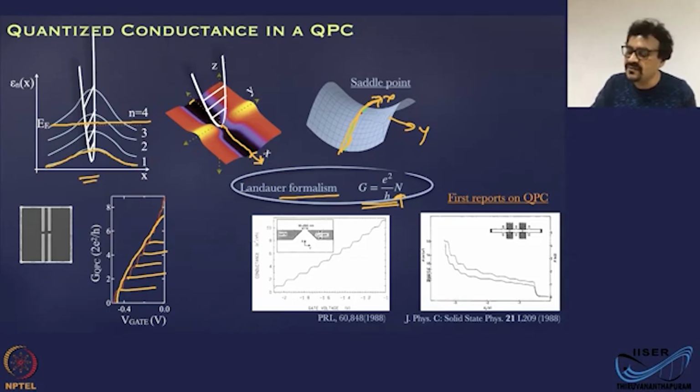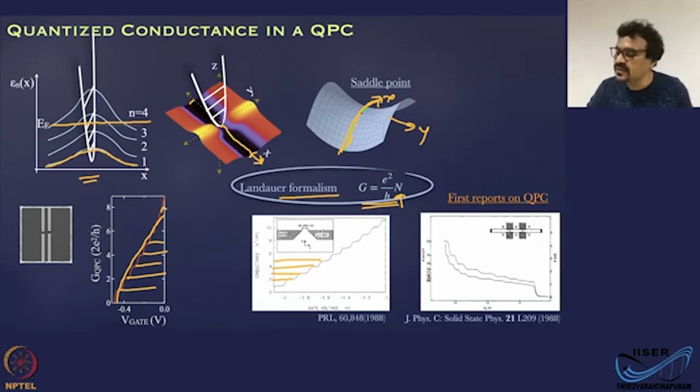As you vary the gate voltage, you are reducing the number of channels and you are reducing the conductance in a step-like manner. You can see from this plot or any of these plots that the conductance is going to vary in a step-like manner and in units of e square by h. That's what you are seeing.